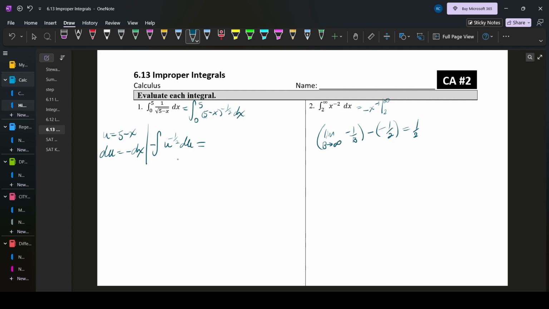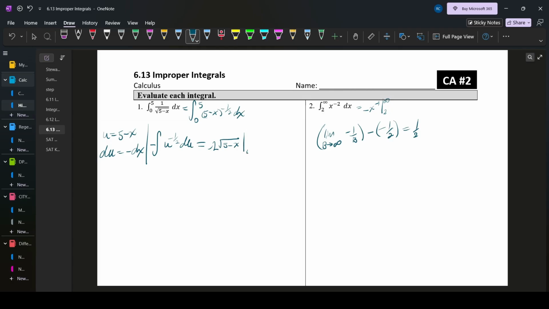Power rule tells us u to the negative 1/2, we add 1, so that gives us u to the 1/2 over 1/2. So I'll keep that negative 2 u to the 1/2 there, and replace u back with 5 minus x. So we can rewrite this as negative 2 root 5 minus x.